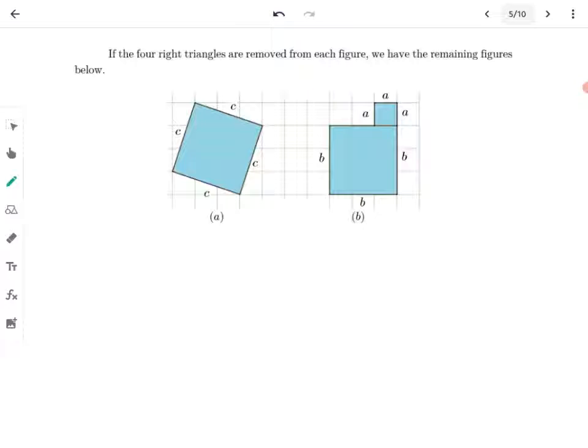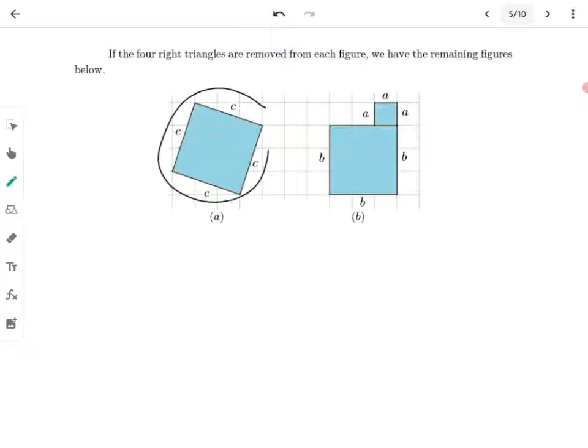In figure A on the left, the remaining figure is a square with each side C units, while figure B on the right is composed of two squares: the larger square has B units as the length of its sides, and the smaller square has A units as the length of its sides.